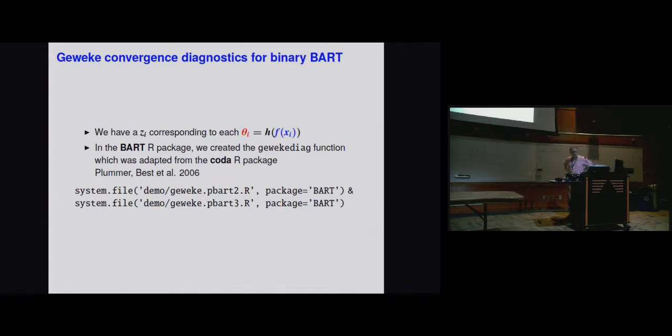So we have a Zi corresponding to each theta i, where theta is generally some function of f of x, right? Because what else do we have? We have no variance, we've got nothing else, that's it. So we created these functions, gewekediag, based on the CODA package, and then there's two examples.